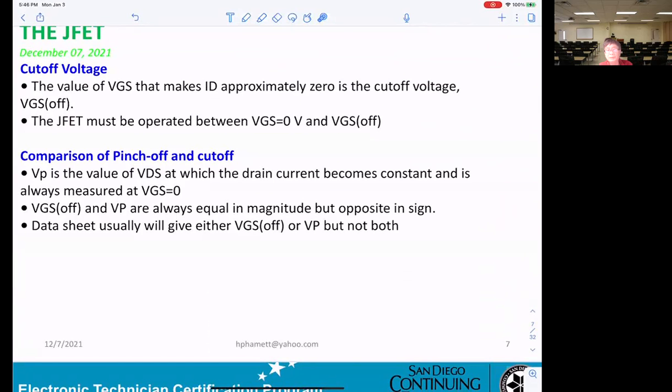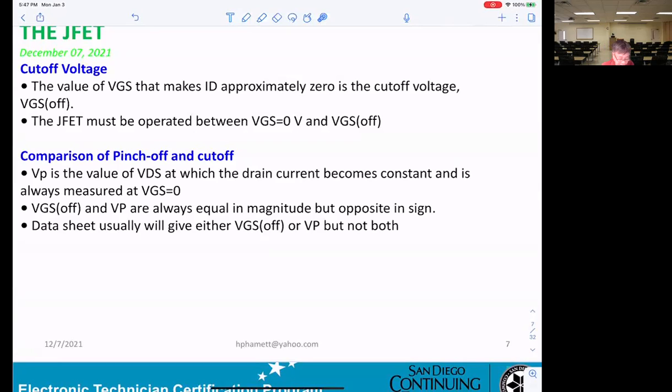That only tells you that at VGS off, ID equals 0. And they're also telling you a JFET must be operated between VGS equals 0 and VGS off. And also the relation, I already talked to you about.